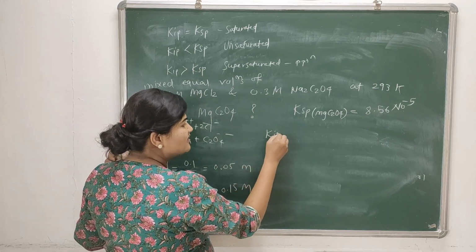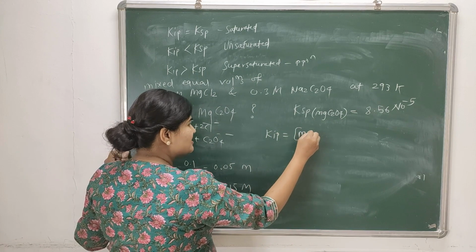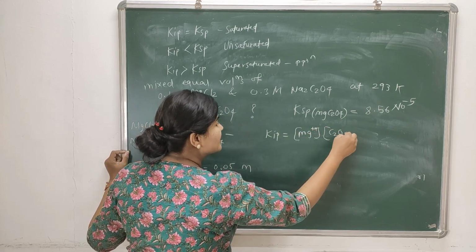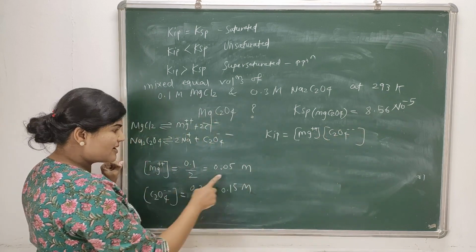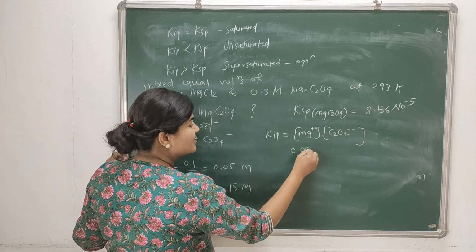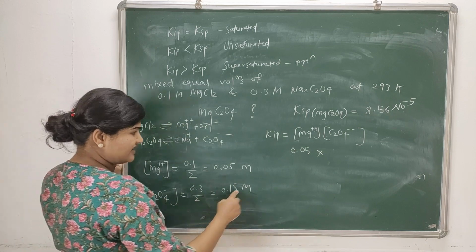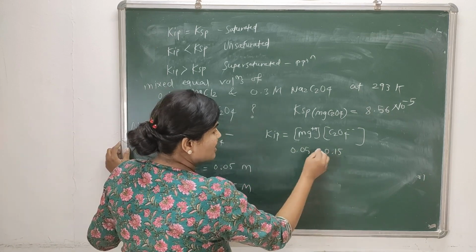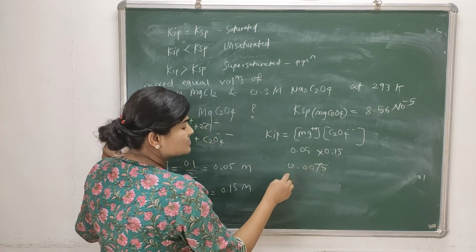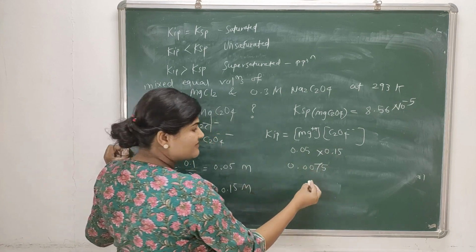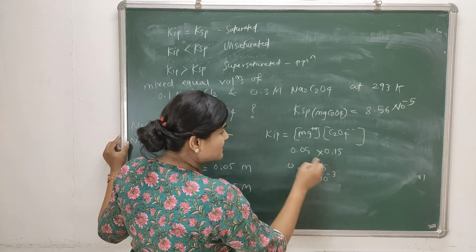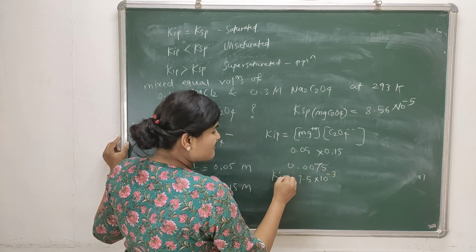The ionic product will be the concentration of magnesium ions times the concentration of oxalate ions. The concentration of magnesium ions is 0.05 and of oxalate ions is 0.15. So 15 times 5 is 75, and the decimal places are 1, 2, 3, 4. So this is going to be my KIP value. I will write it as 7.5 into 10 raised to minus 3.